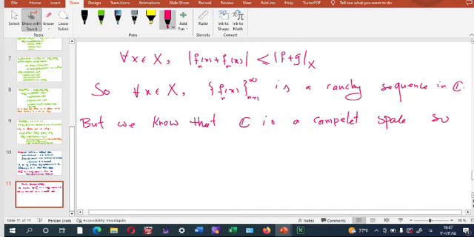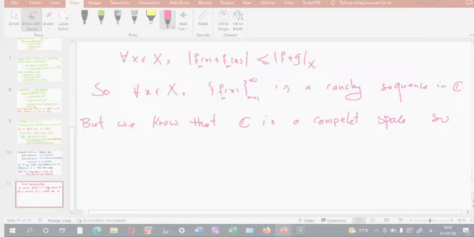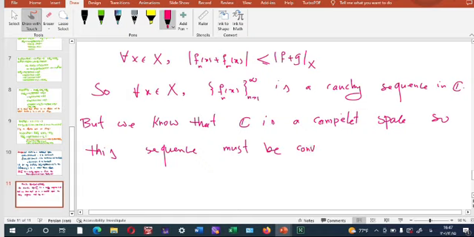So this must be convergent in C. Let the limit of f_n of x as n tends to infinity equal to f of x, because if we change this x, this sequence changes and its limit changes.